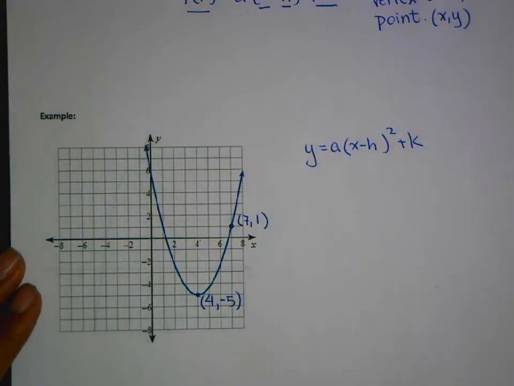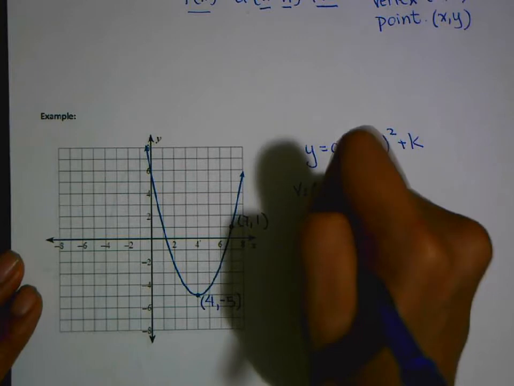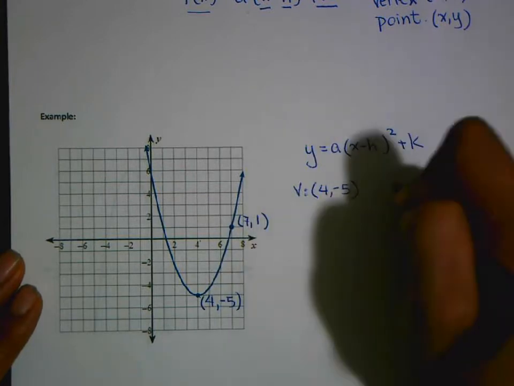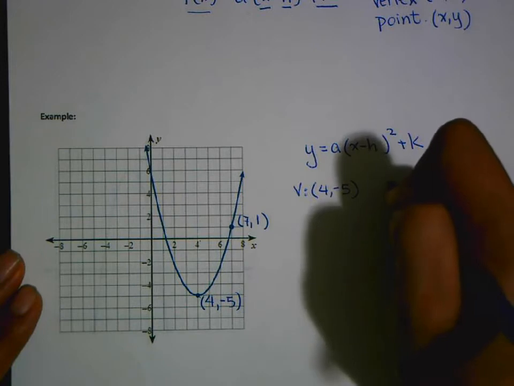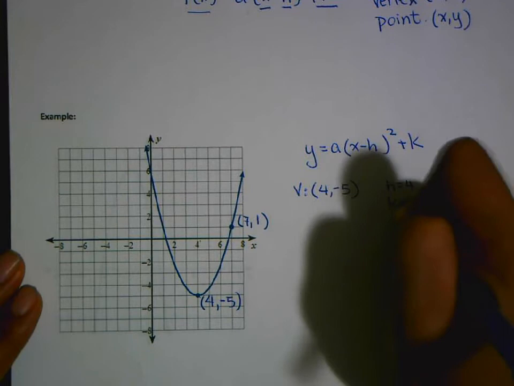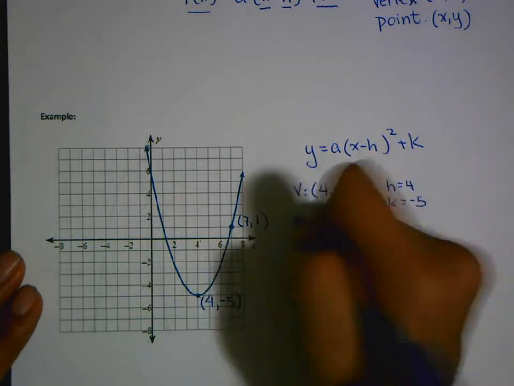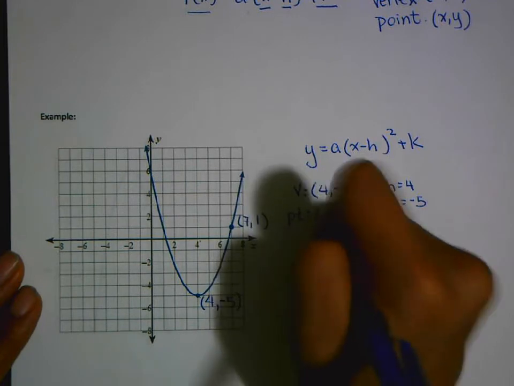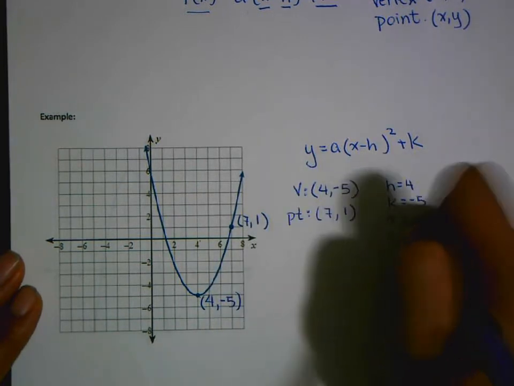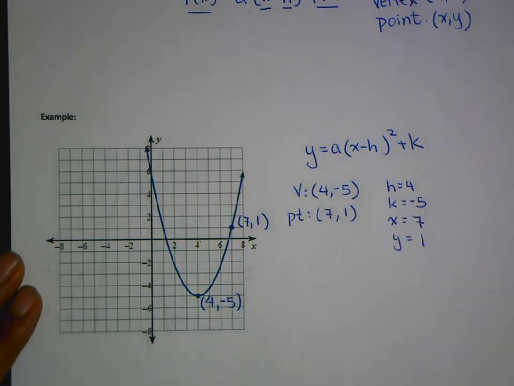My vertex is 4, negative 5, so my h is 4, my k is negative 5. And my point is 7, 1, so my x is 7, my y is 1.